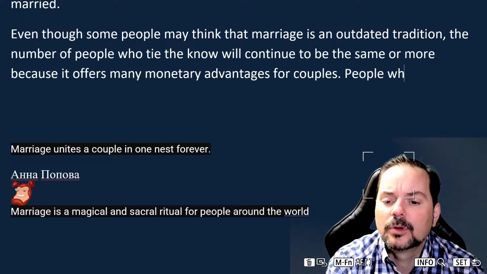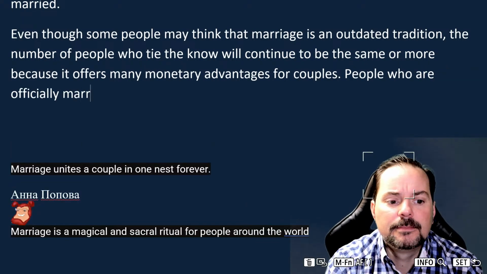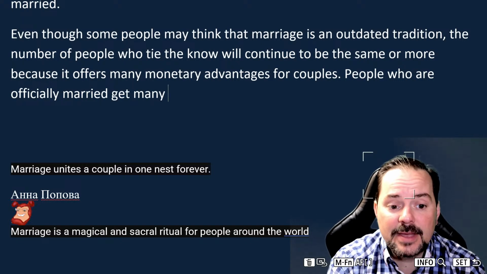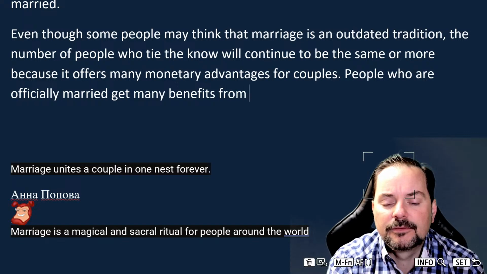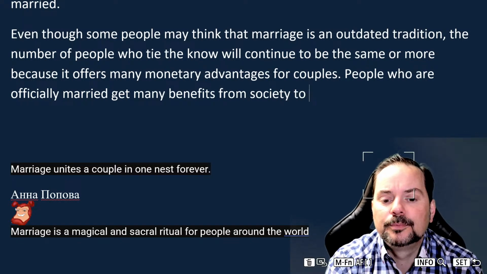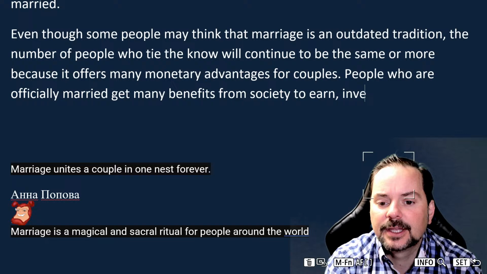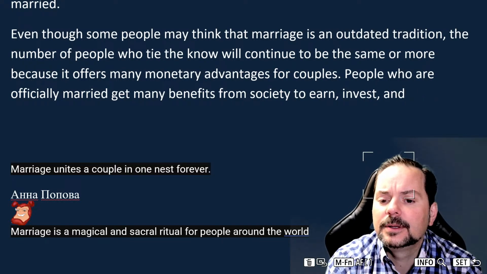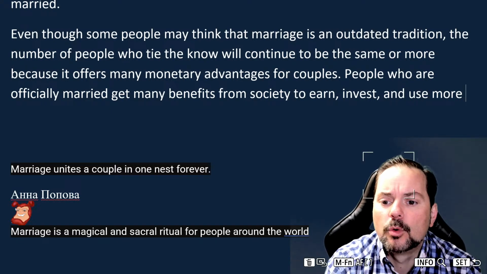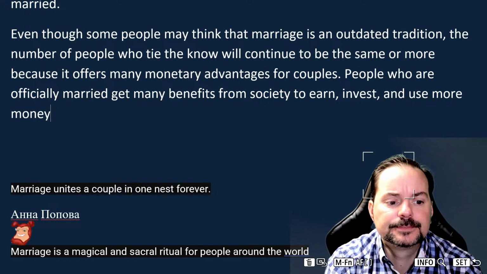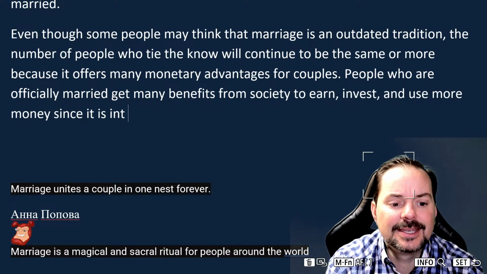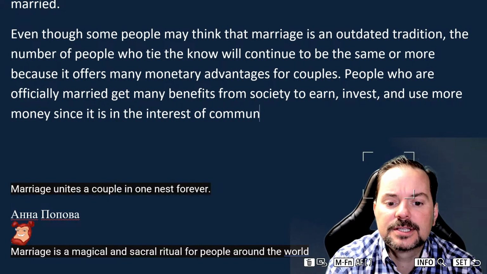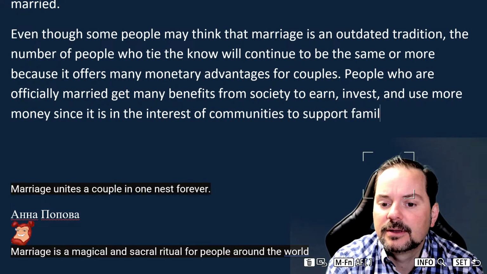People who are officially married get many benefits from society to earn, invest, and use more money, since it is in the interest of communities to support family growth.